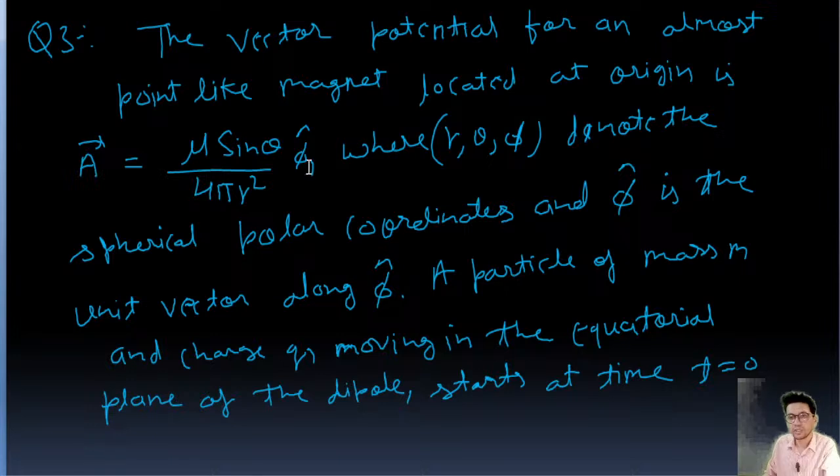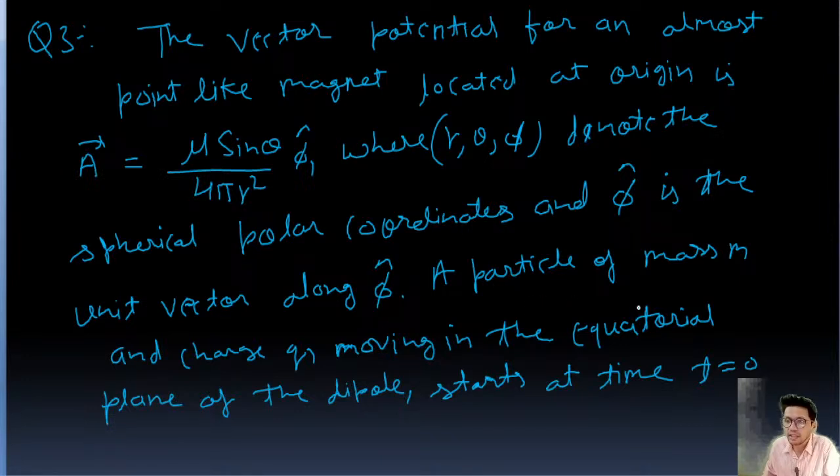Very good question and a conceptual question, guys. Simple question. The vector potential of the almost point-like magnet located at the origin is given as A equal to mu sin theta upon 4 pi r square phi cap, where r, theta, phi denote the spherical polar coordinates and phi cap is the unit vector.